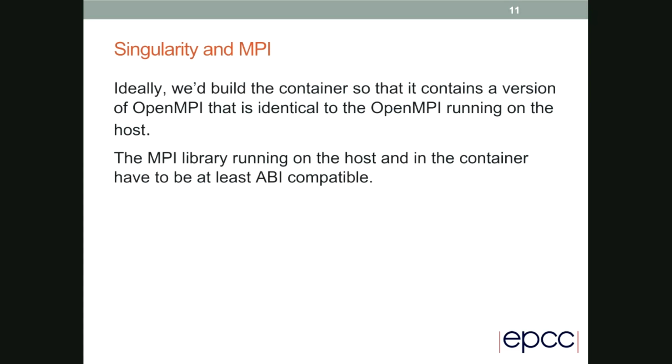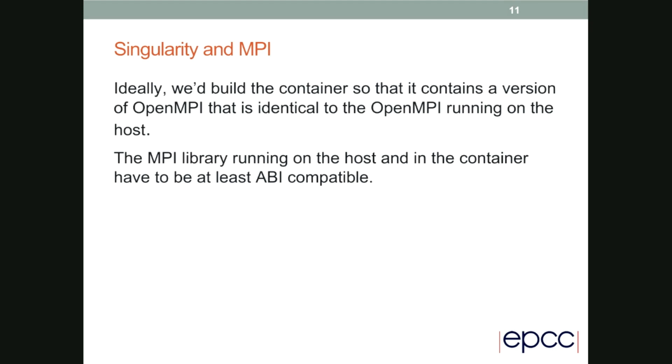So I'll talk about how Singularity integrates with MPI. Ideally, you'd have a version of OpenMPI, say, that is identical to the OpenMPI running on the host, or at the very least, you can have an MPI library that runs on the host and in the container that share what's known as ABI compatibility.